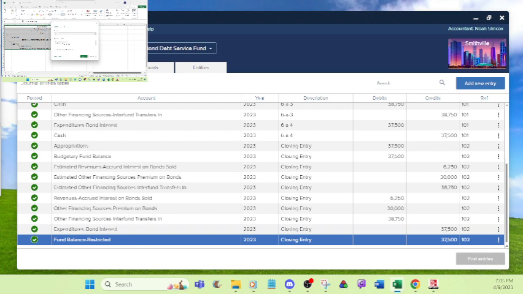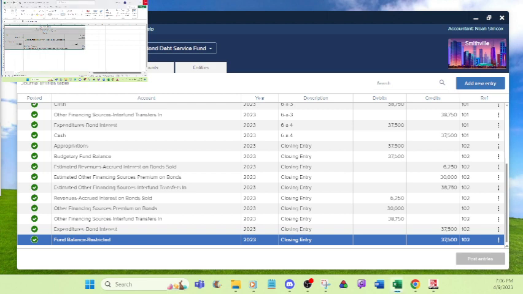Balance sheet, streets improvement. It's gonna have to be 2023. Streets improvement bond debt service fund. Stop!